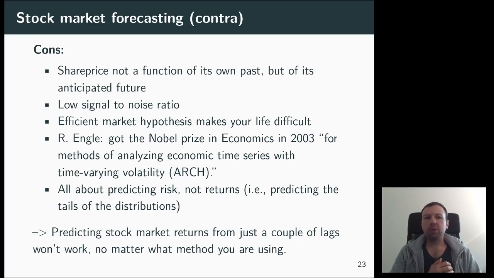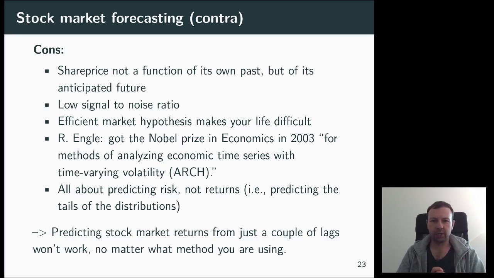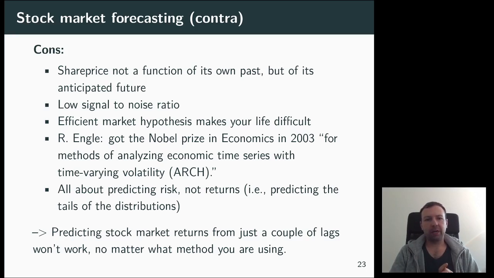You also have a very low signal to noise ratio. And then there is obviously the efficient market hypothesis, which basically states that any information available will already be included in the price. So if the market is efficient, this type of forecasting with past values should not work well.